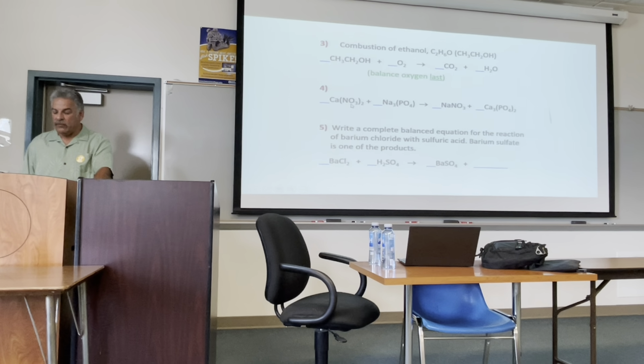Uh-oh, that's not going to work, because now we have 3, so that's 6, but we only have 3 here, so we need to make this a 6. You with me? All right. So that's now 6 sodiums, so we need a 2 here. So what we have is 3, 2, 6, 1. Is that right? 3, 2, 1, 6.